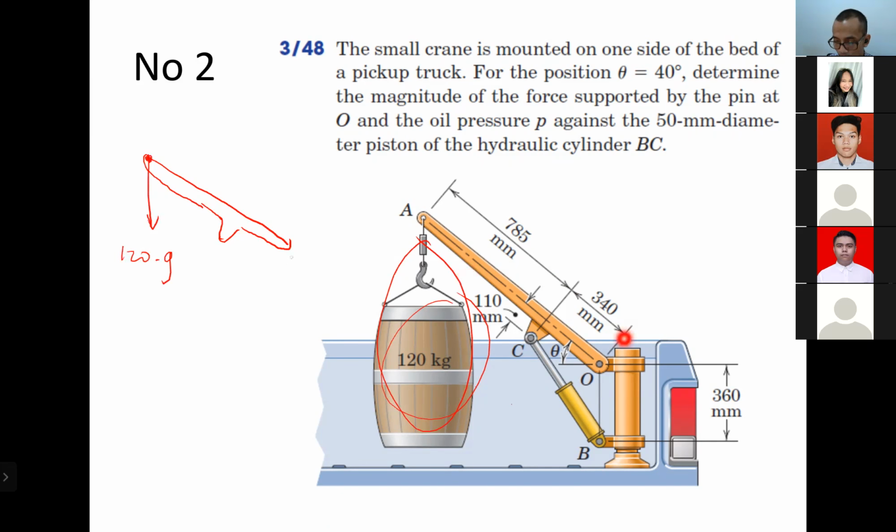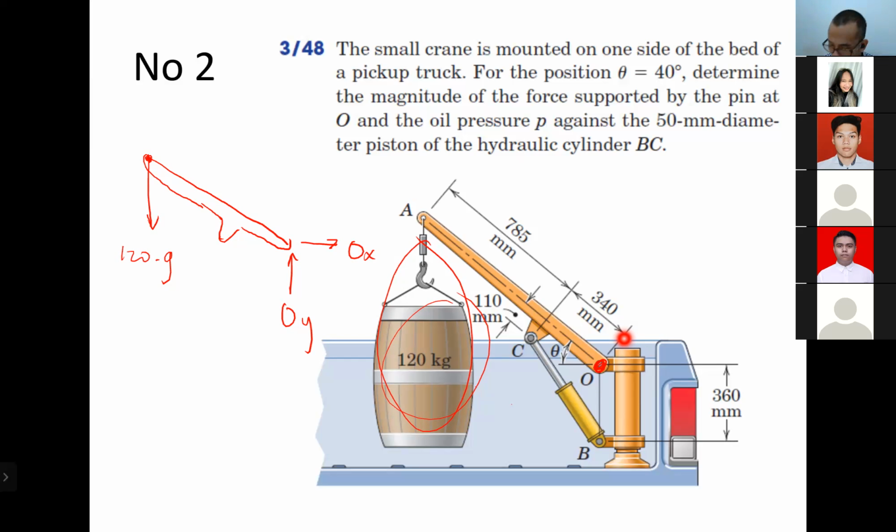There will be external forces at O, for Y and for X, correct or not? Because this one is a pin, remember? Oh yeah, because of the pin. So you have to replace the pin with the horizontal and vertical force because it's a two-dimensional case, right?